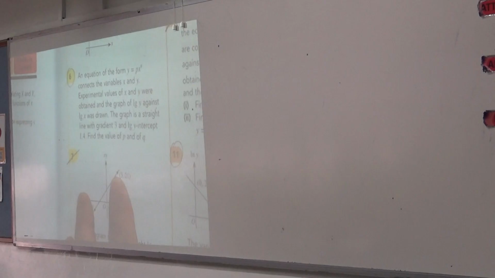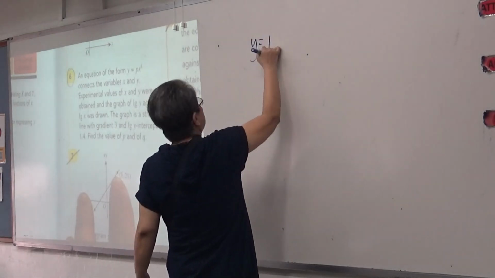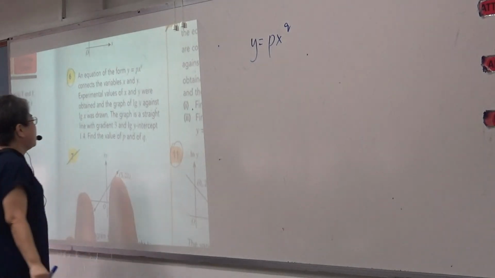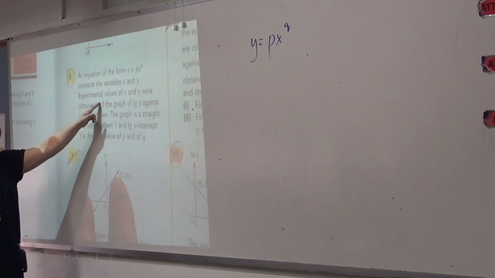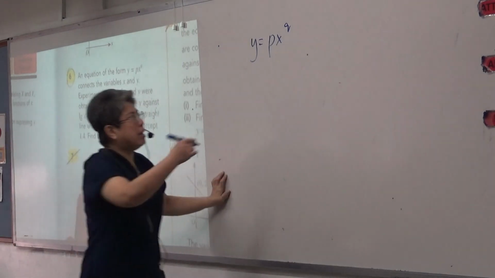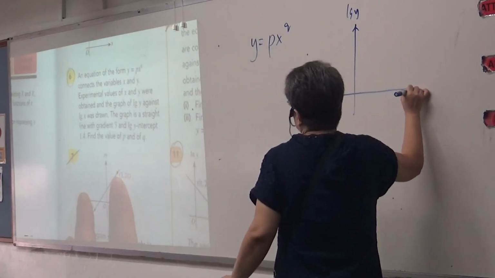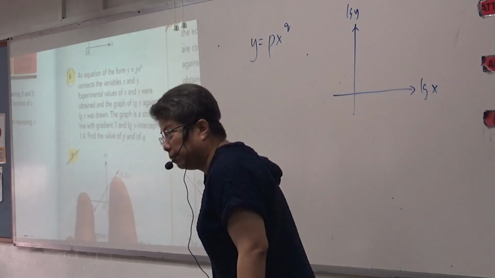Question 6. An equation of the form y equals px cubed connects the variables x and y. Okay? Experimental values of x and y were obtained and the graph of log y against log x was drawn.